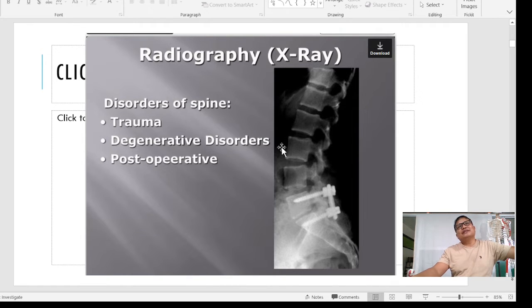Let's take for example, you have here a disorder of the spine. Although basically it doesn't affect your spinal cord, later on, if this is not corrected, it will impinge on your spine. Example for this one, you have here a laminectomy, or rather spinal fusion, of the C5. Usually this is very common in patients with degenerative disorder.